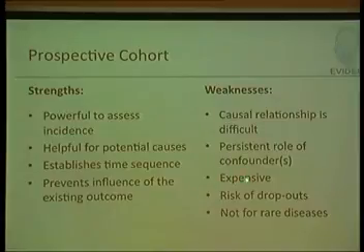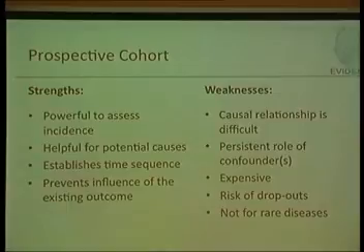It's expensive because you're following these people over time, and usually you require a large sample, and following a large number of people is quite costly. And following people will not be free of dropouts, so people will start quitting recruitment. So that's one of the major risks, that you will have loss of fellows.